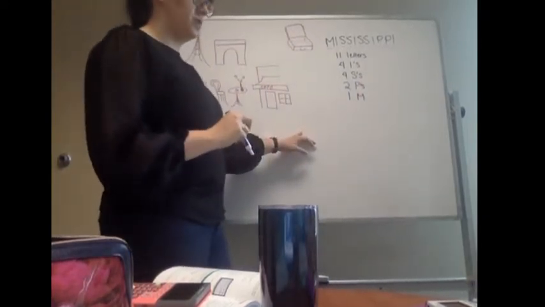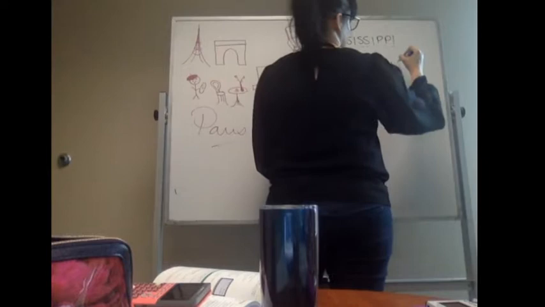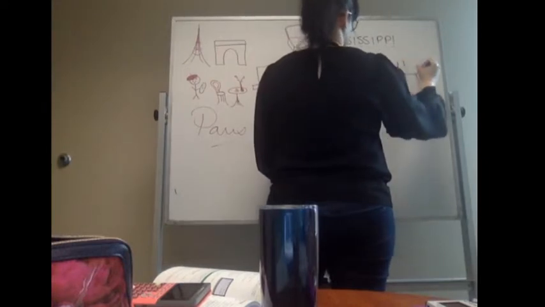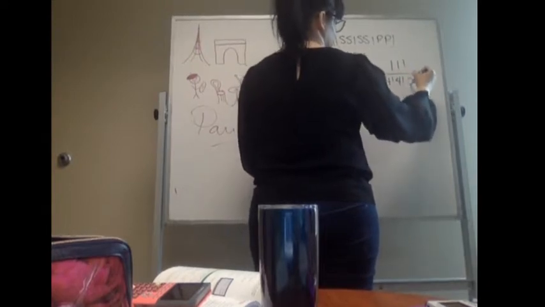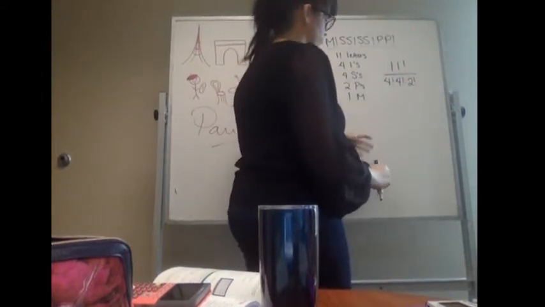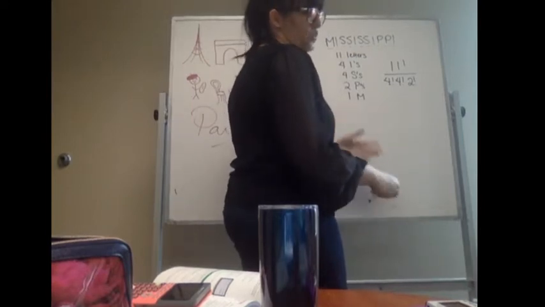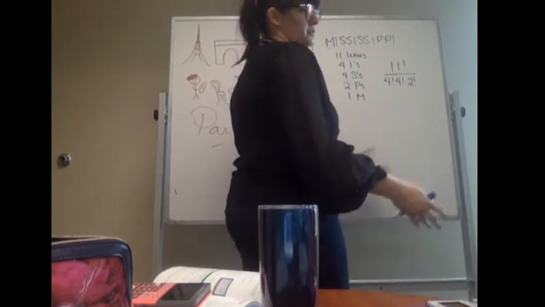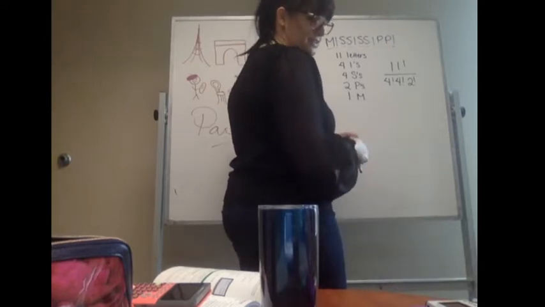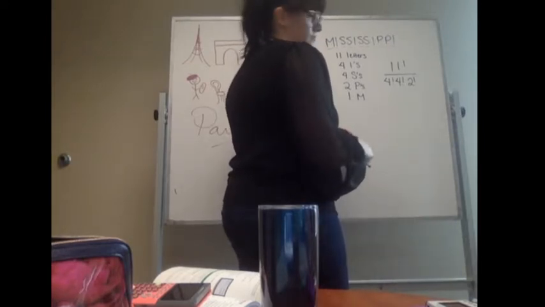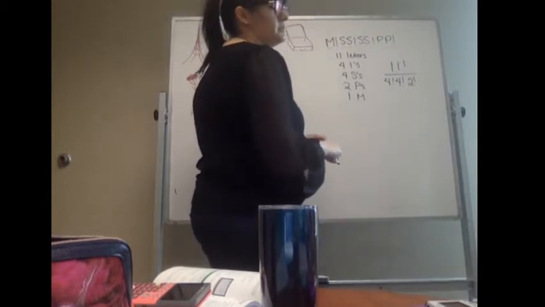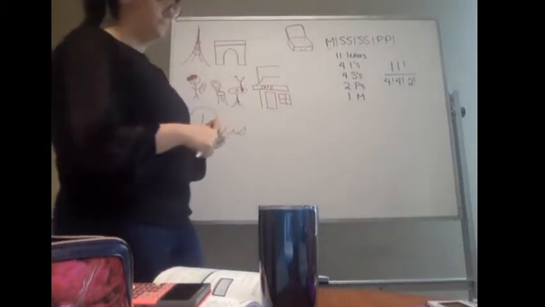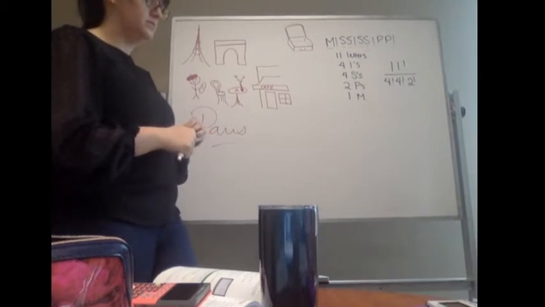So the way that we solve this problem, we do 11 factorial over 4 factorial times 4 factorial times 2 factorial. Should also do times 1 factorial, but that's just 1. And then you can just plug that into your calculator. Factorial is under the same menu as combinations and permutations. Does that make sense?